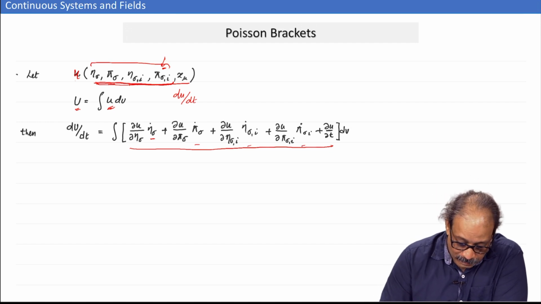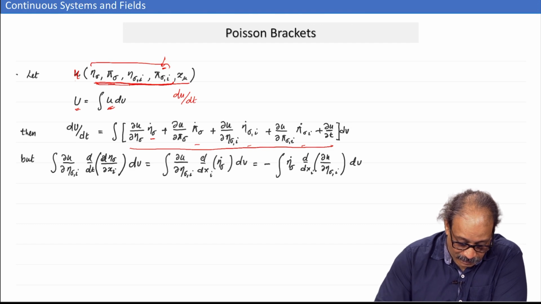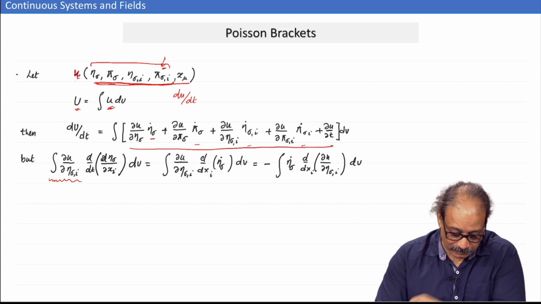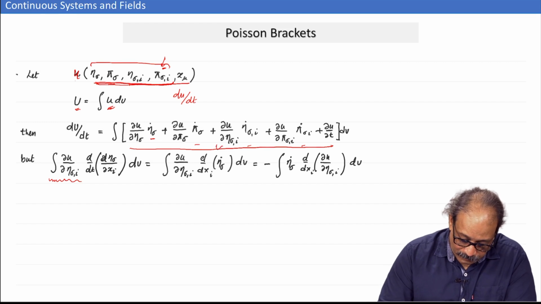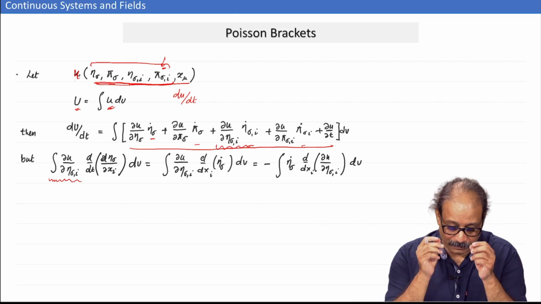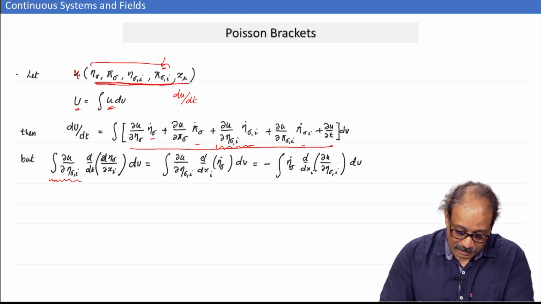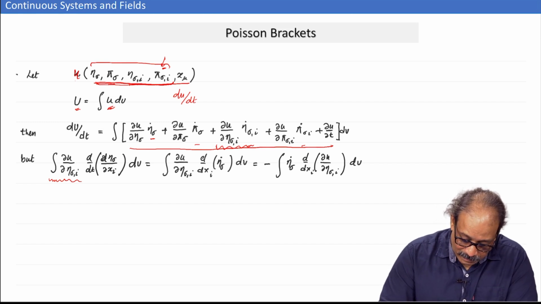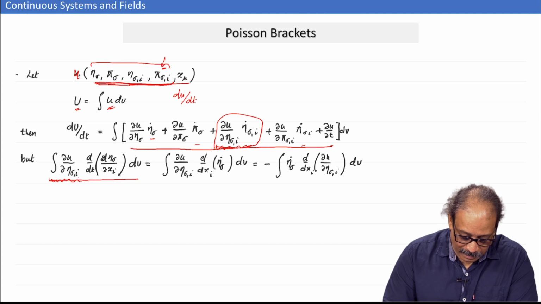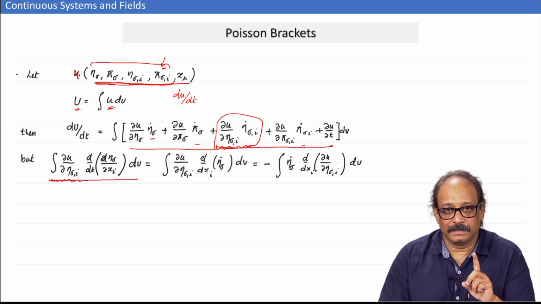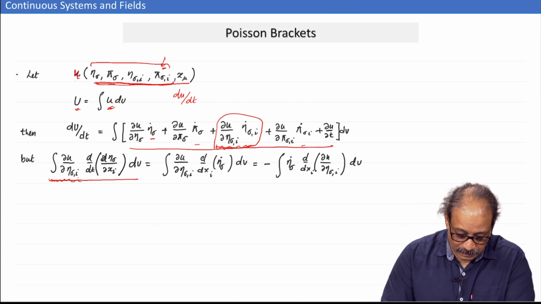And now, put everything together. Remember what we have here, this particular term here, this one here. Okay. What I will do is this, this term I am rewriting here as del u by del eta sigma i d by dt of d eta sigma over dxi.